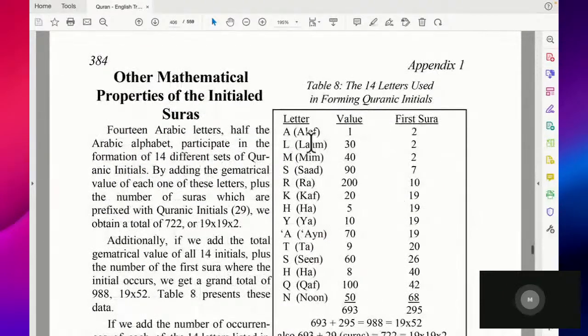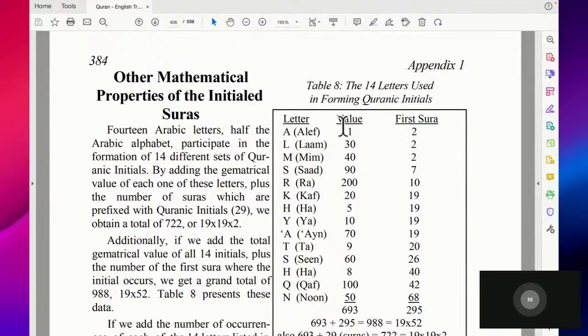If we look at this table, we have included the letters individually, the letters which have been used in forming the Quranic initials in those 29 surahs.